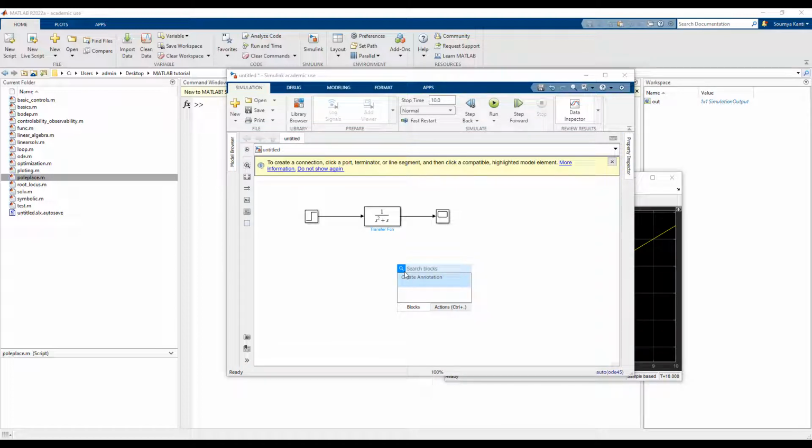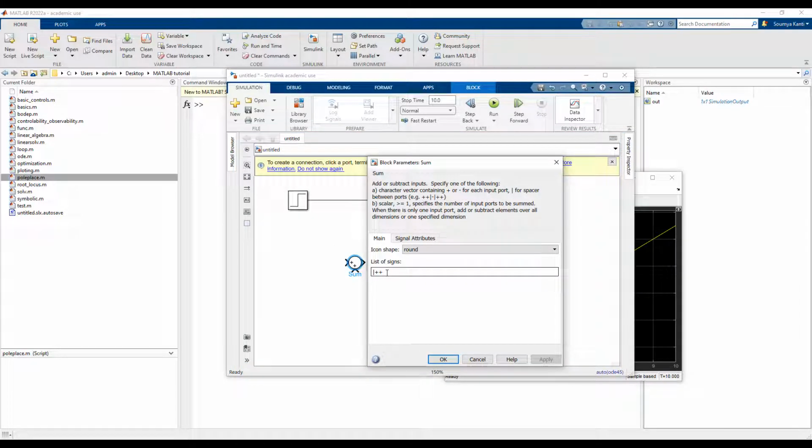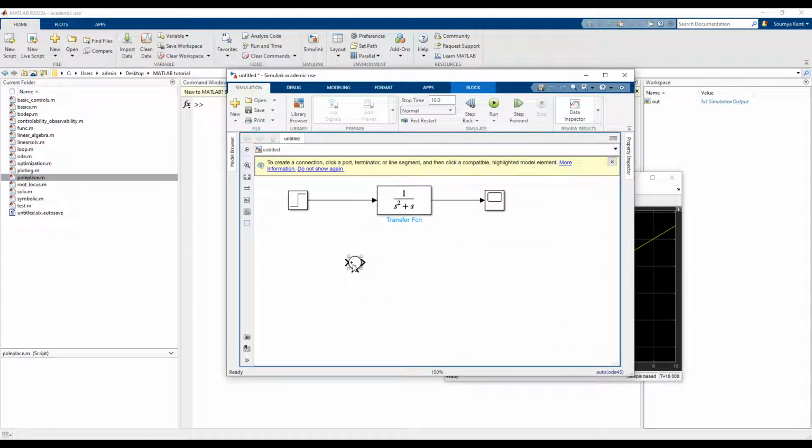For that I need a summation block. If I type sum, you will get a summation block. It will look like this, but if you look closely, I can zoom in. Just scrolling zooms the view. Both of them are plus, but I need one of them minus. So I'll change the last one to minus, and you can see this is minus now.